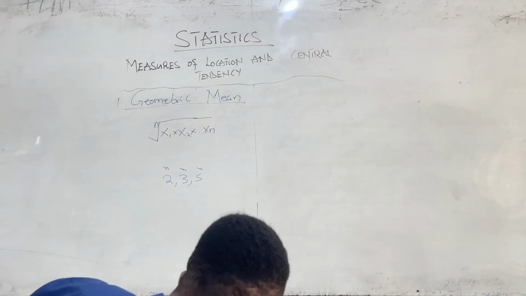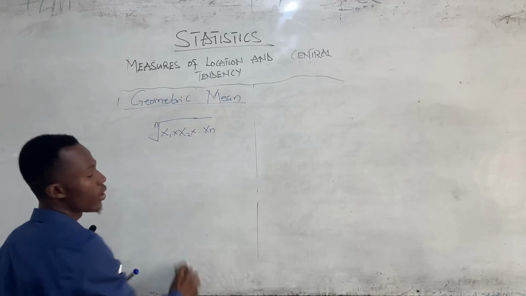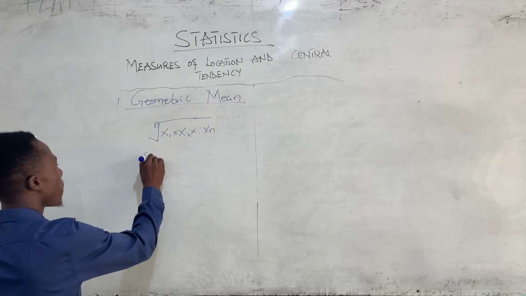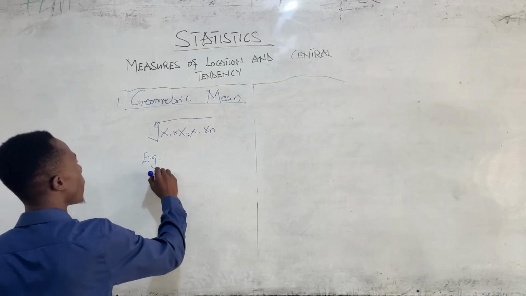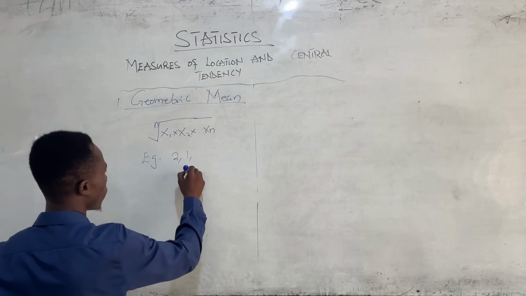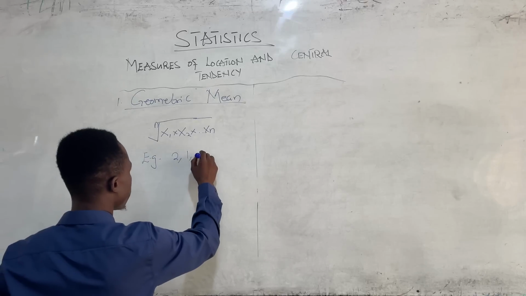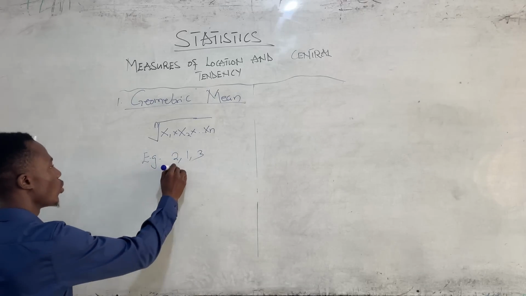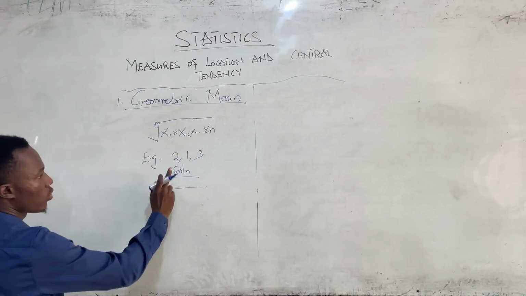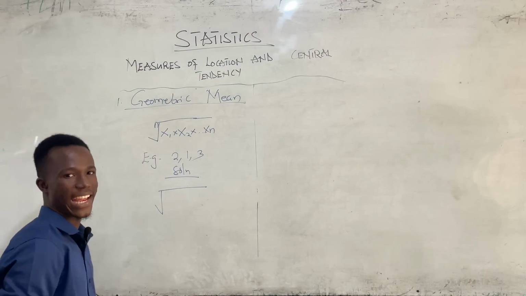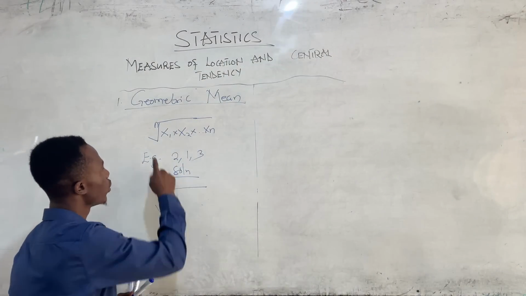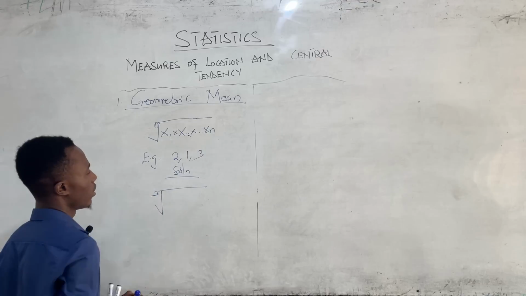Now let's try to solve a question under the geometric mean. So for example, if you have 2, 1, let's say 3, and so you solve it, your roots. Now you ask yourself, what is n? You count these numbers. That is 1, 2, 3. So n is 3, right?